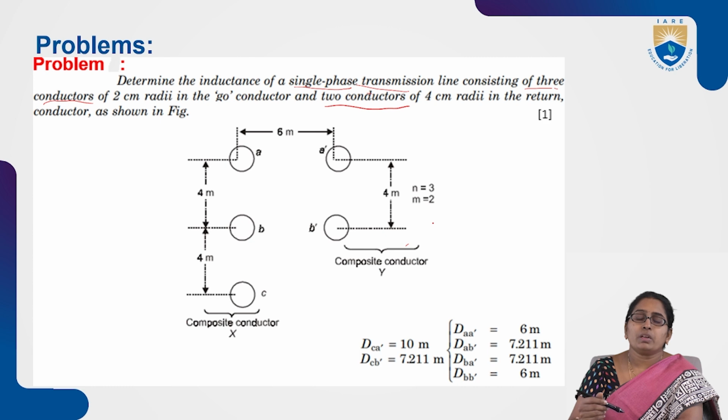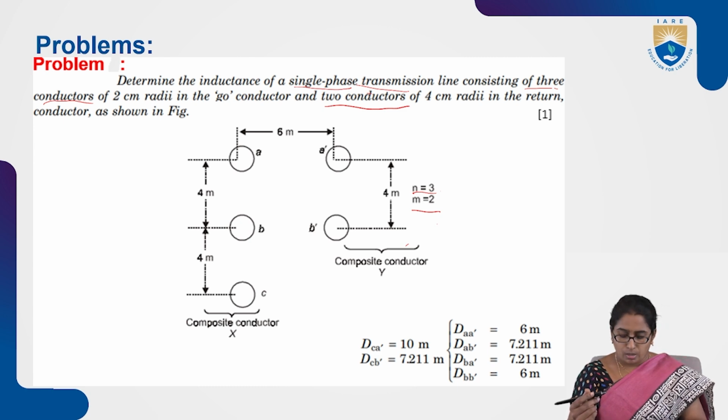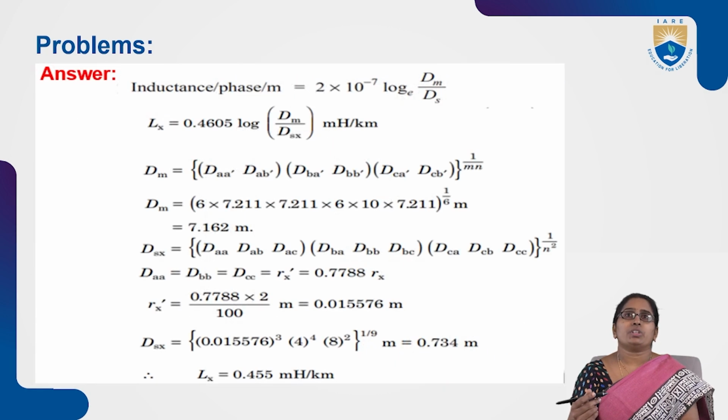If we remember, in my last lecture on composite conductors, the inductance of composite conductor, there we clearly explained GMD and GMR, mutual GMD, self GMD, with n number of conductors in phase A and m number of conductors in phase B. Then we have the expression: in the numerator the mn-th root, in the denominator the n-squared root.